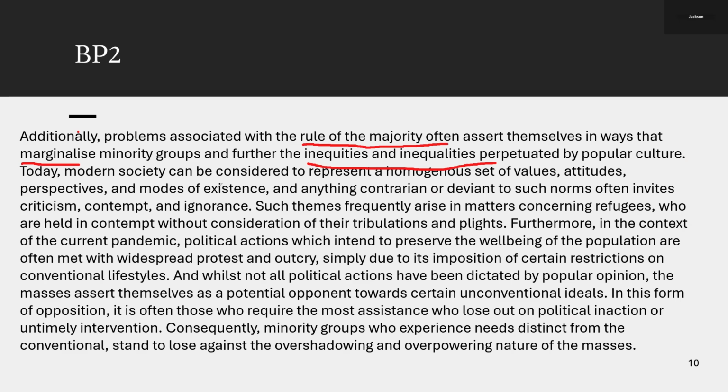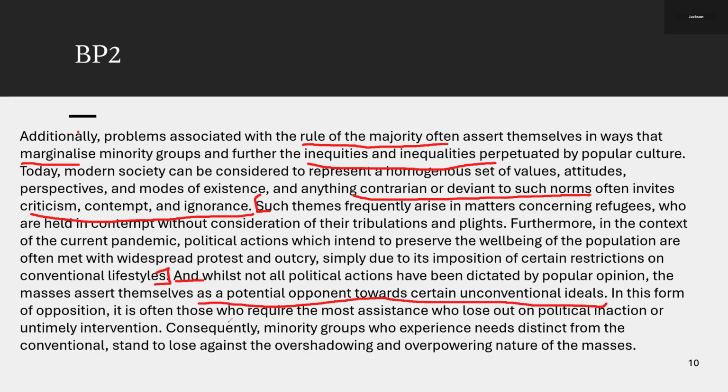If you look at the next sentence, it's talking about this idea of contrarian or deviant to norms inviting criticism, contempt, and ignorance. However, the next two sentences are occupied by the example. And then starting from this sentence, coming back to the logic, we have this idea that they become an opponent towards unconventional ideas.